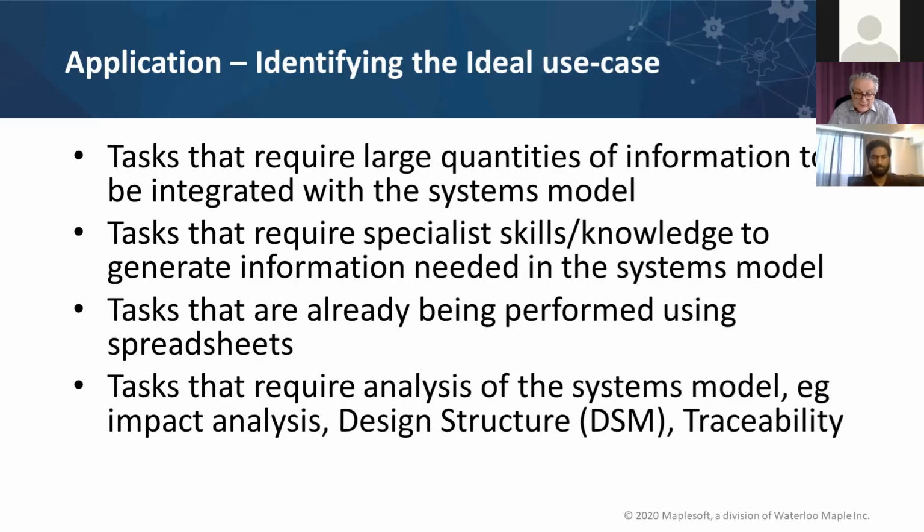Typical things would be the design structure matrix, identifying the interdependencies, and traceability analysis, which we'll be talking about in more detail here. These are more report generating tools, but can certainly be very powerful applications using MapleMBSE because of that tight integration into the systems model.